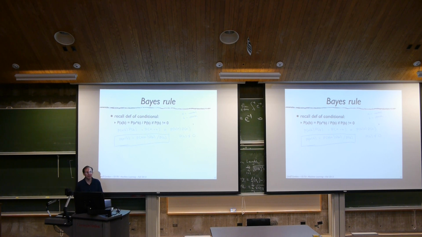So B is the event that I observed some particular data, and A is the event that some particular model is the right one to describe the sampling process that gives me the data. So what this says is I can get, on the left-hand side, the probability of the model given the data, and on the right-hand side, I have a bunch of other quantities that I can get it from.